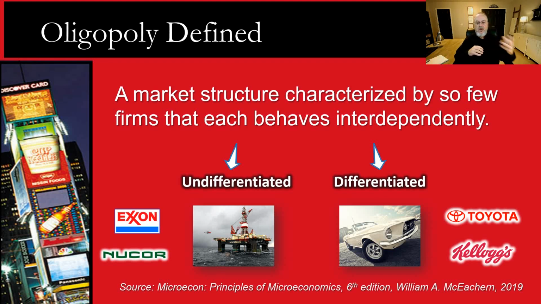So if Toyota was to lower its price 5%, would this immediately cause all Honda Accords to stop selling? No, no. It may move some people over, but it's not going to change it that much. So in a differentiated oligopoly, the interdependence is less, but it still exists.